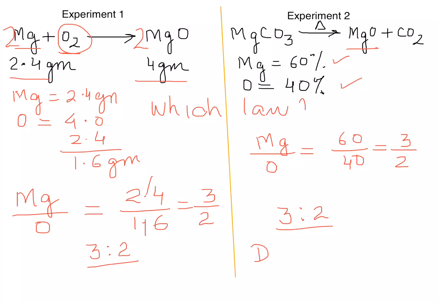Thus, it portrays that the law of definite proportion is valid for this particular experiment. Would you like to try 2-3 more questions yourself in order to make this concept clear? Go ahead, give it a try.